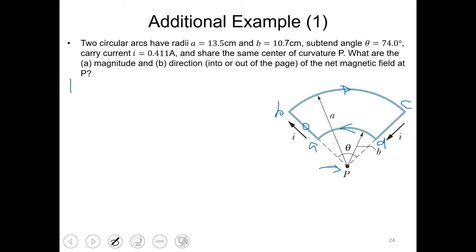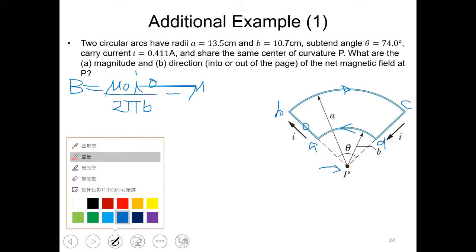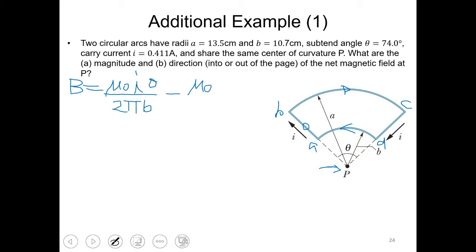So the magnetic field will be equal to mu0 I theta over 2 pi b, minus mu0 I theta over 2 pi a.